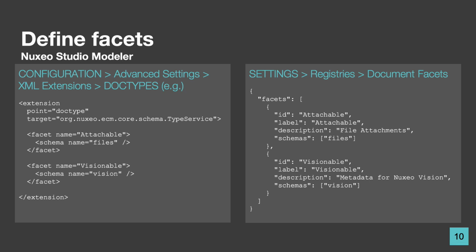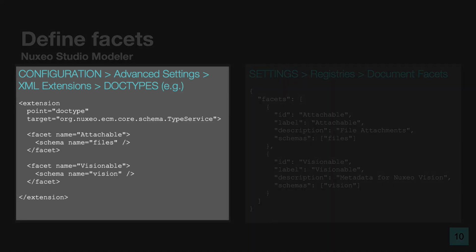So we need to define a couple of facets. One is for the document types, where we're extending the type service with an XML extension that goes into this section of the Studio Modeler configuration. And here we're defining 2 facets. One is called attachable, which links the file schema. This is a schema which is defined in the core platform, but is not actually linked to picture images.